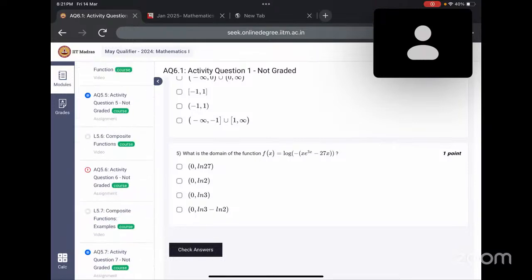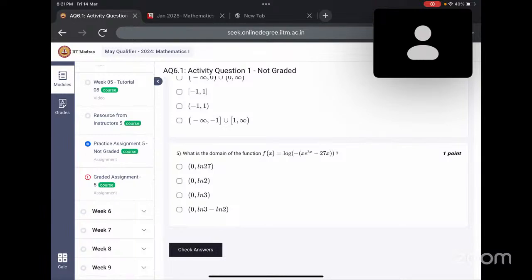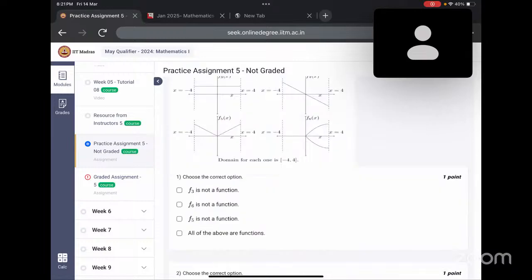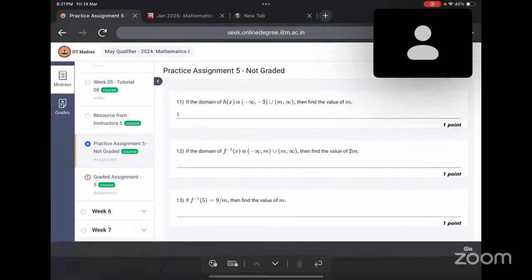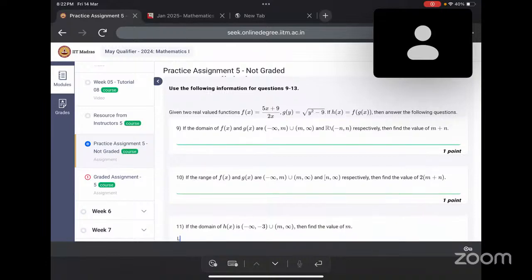Okay, question number 10. This one, right? Yes. The function is given above.